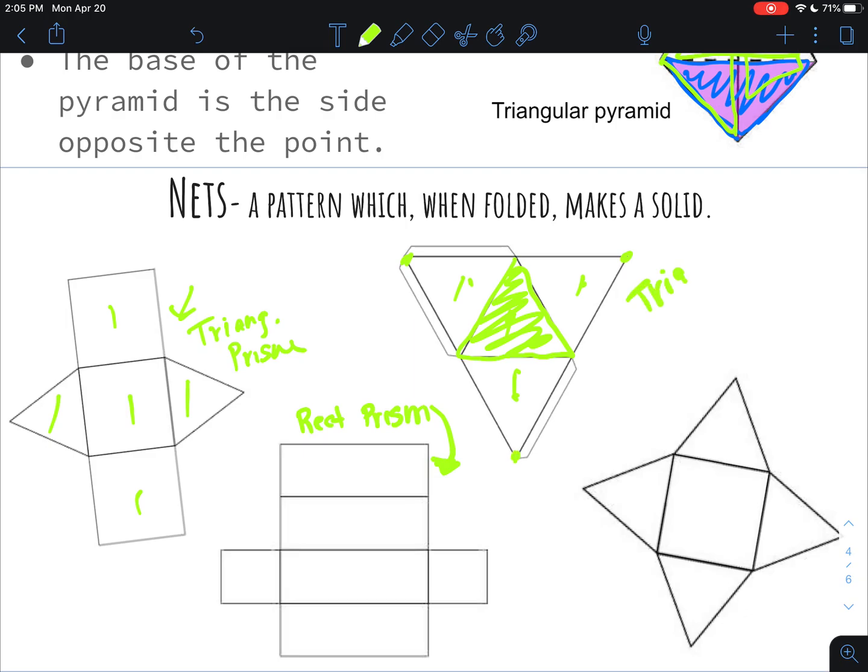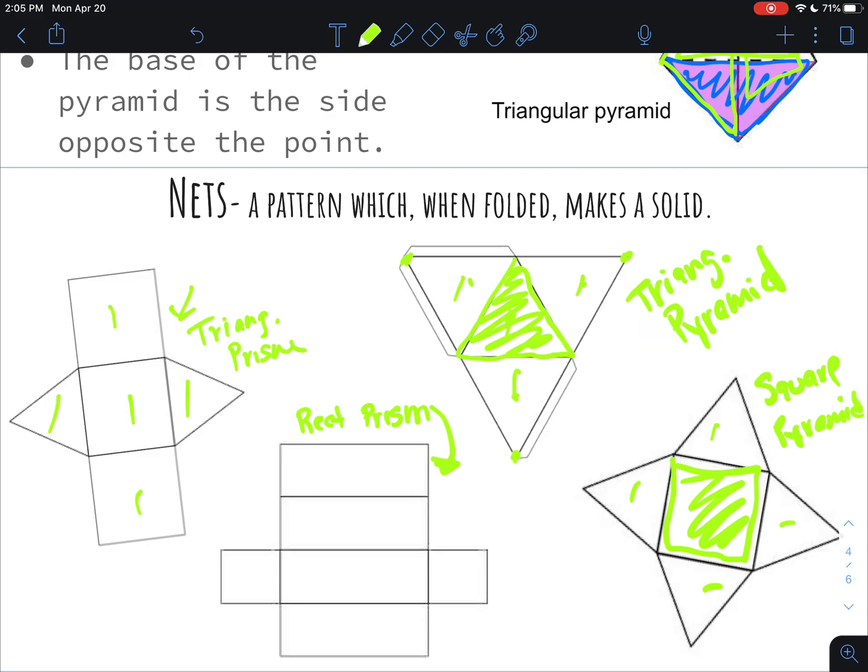So this is actually a triangular pyramid. And then this last one, it is a square base. And then these four sides will come to a point at the top to make a square pyramid.